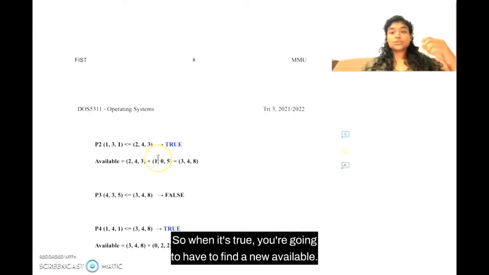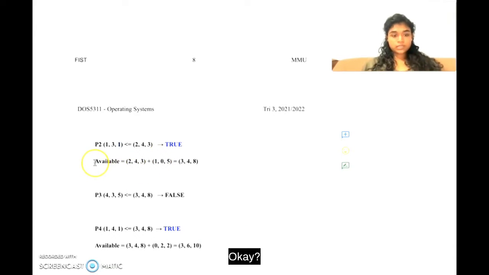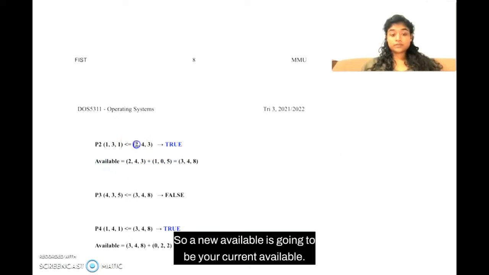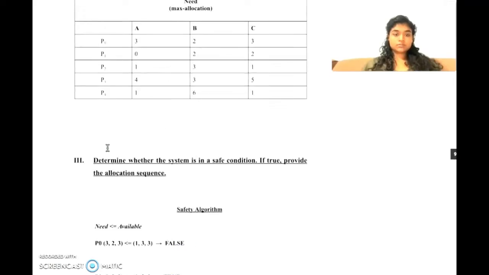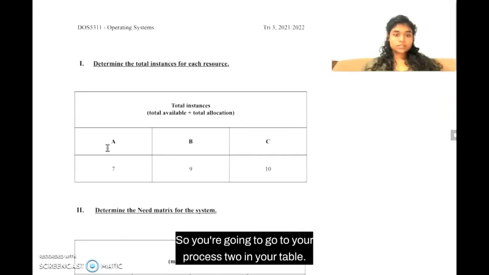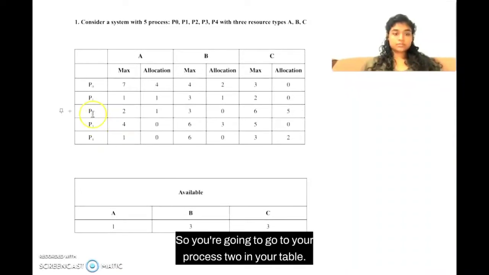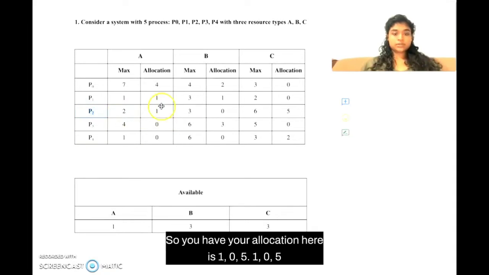So when it's true, you're going to have to find a new available. Okay? So a new available is going to be your current available plus process 2's allocation. So you're going to go to your process 2 in your table. Your allocation here is 1, 0, 5.